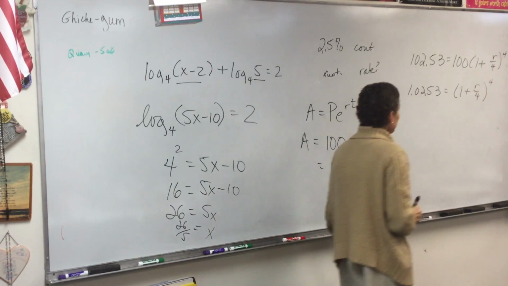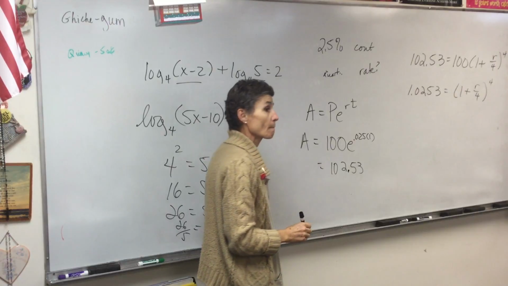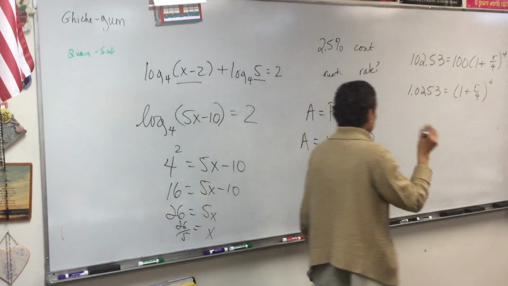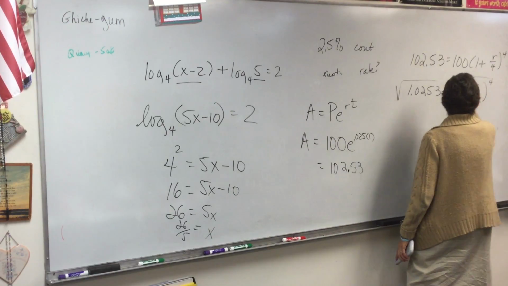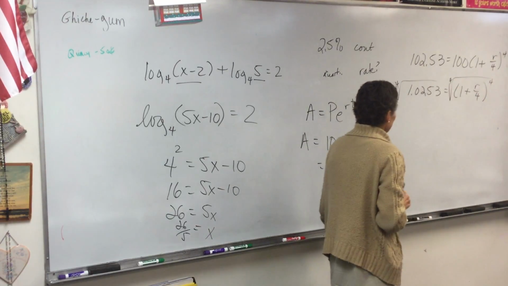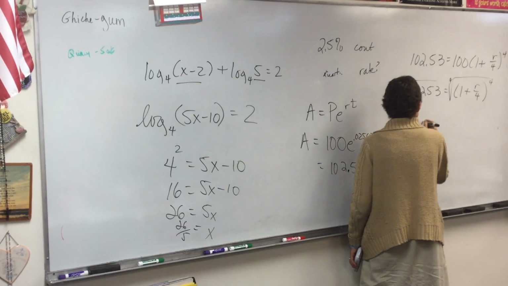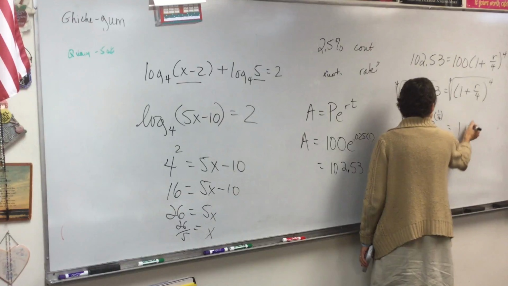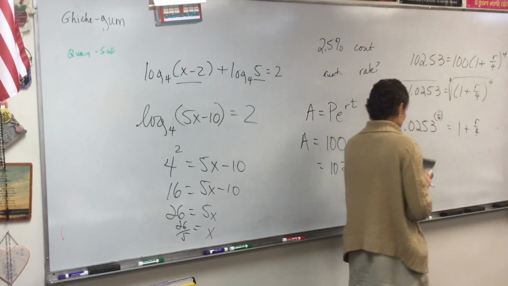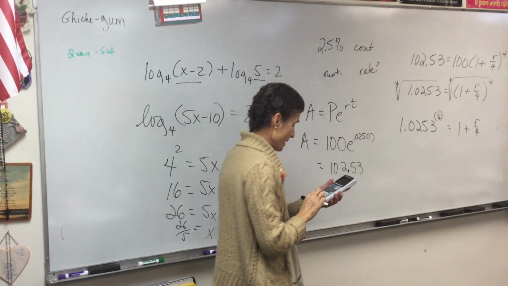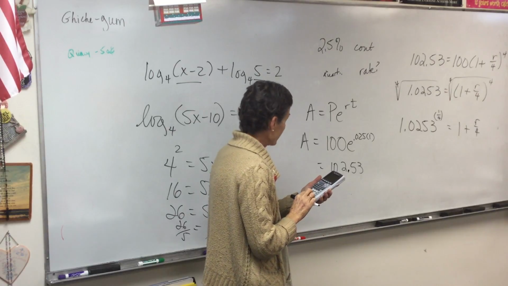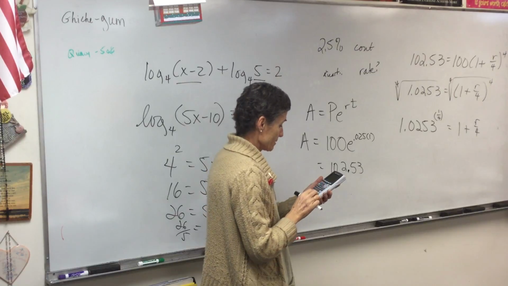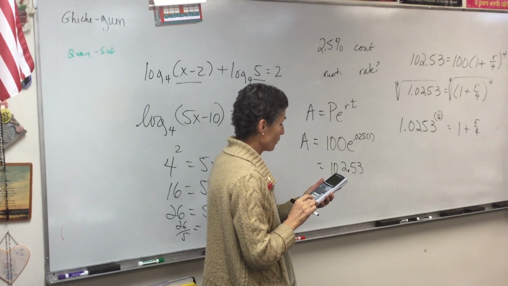All right, what do I do now? Fourth root. It's like square rooting both sides, only you are fourth rooting both sides, which is the same, if you prefer, as raising to the 1/4 power. So I'll take that 1.0253 and raise it to the 1/4 power.